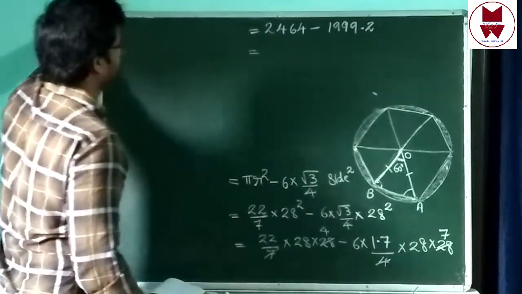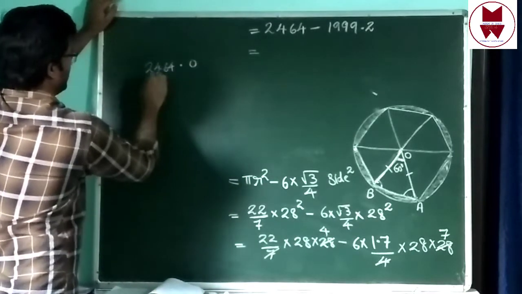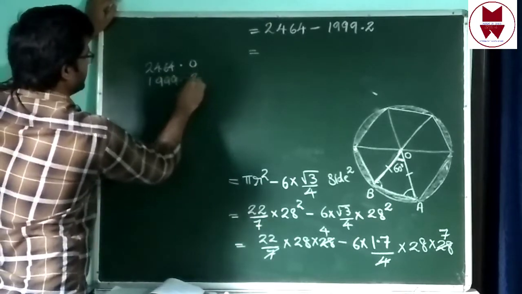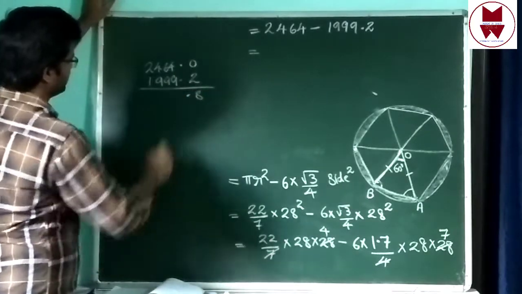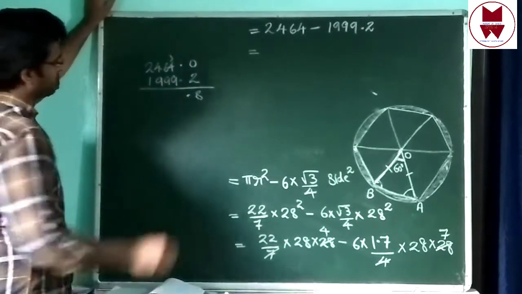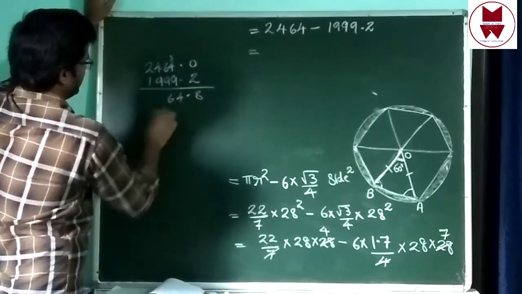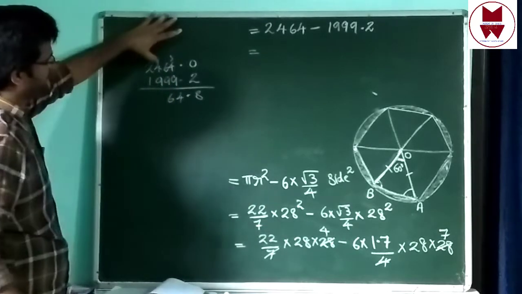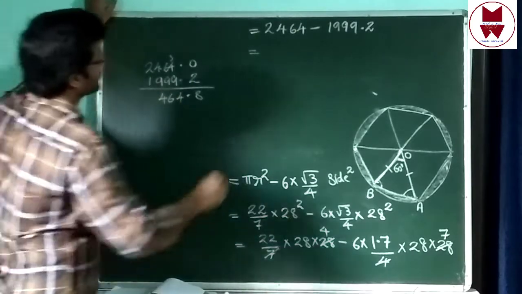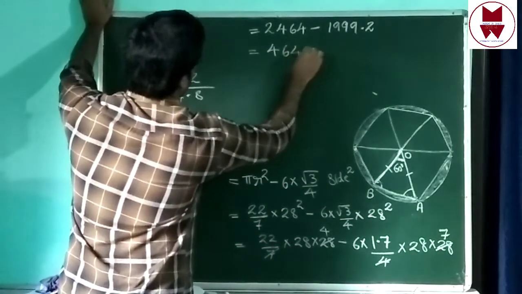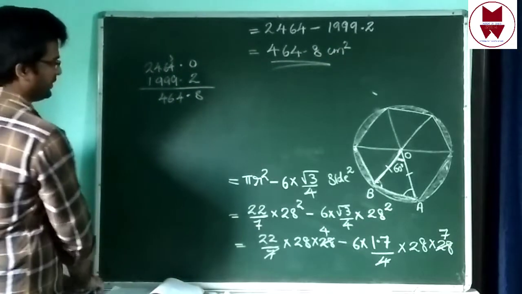Then subtract from 2464.0. 10 minus 2 is 8, 13 minus 9 is 4, then 15 minus 9 is 6, then remaining 3. 464.8 centimeter square. This will be the area of the design.